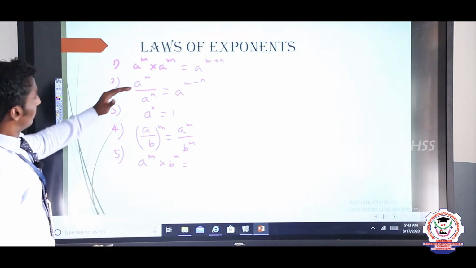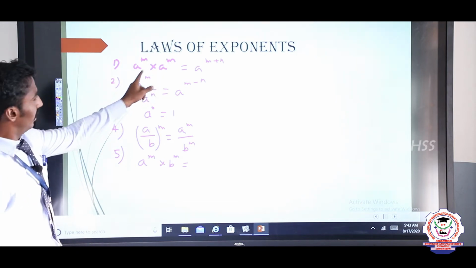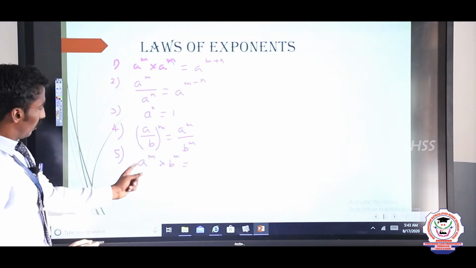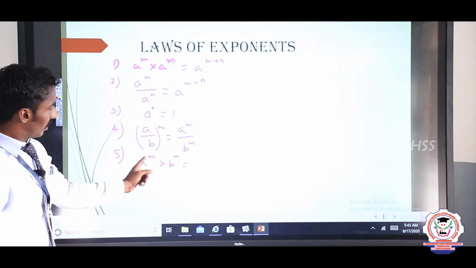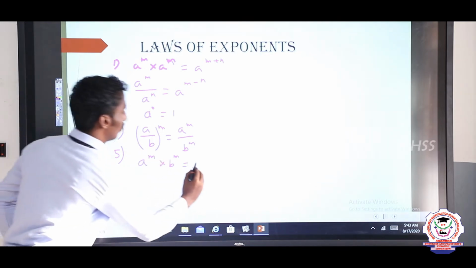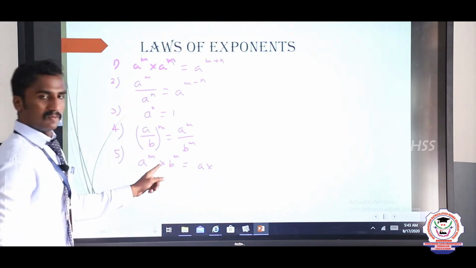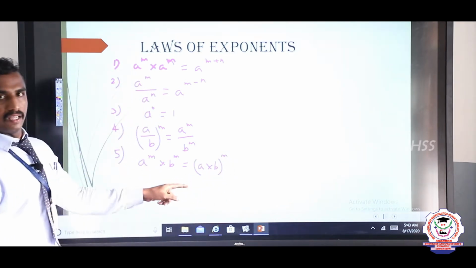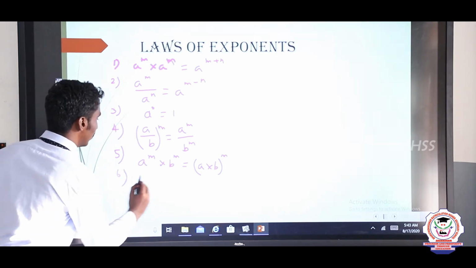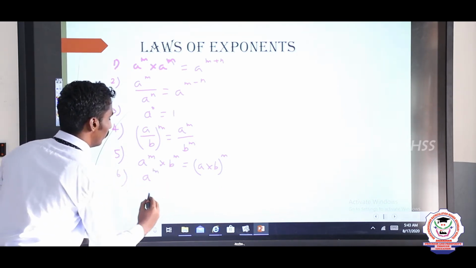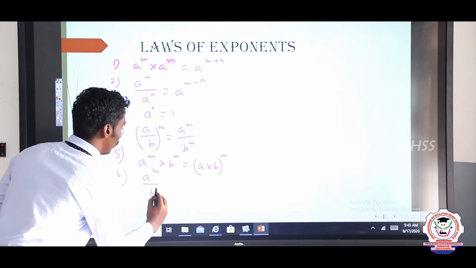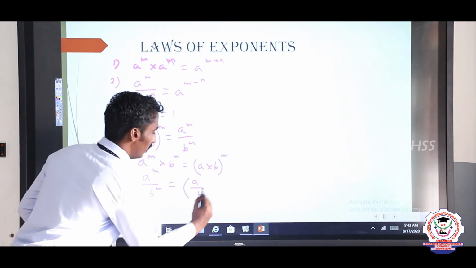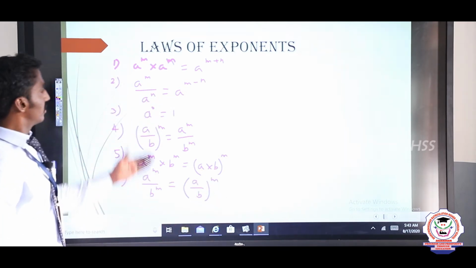Here the bases are different but the exponents are equal, m. So a power m into b power m equal to a into b whole power m. In the same way, division: a power m divided by b power m equal to a by b whole power m. Listen, these are very important formulas.